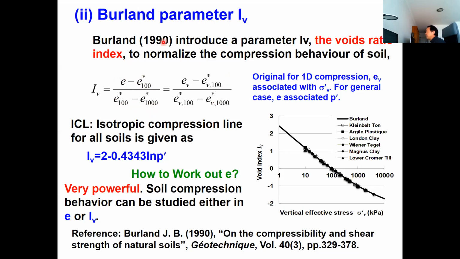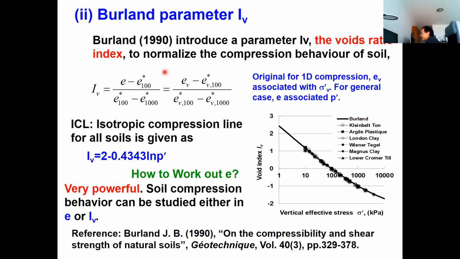Okay, this is the void index. You can see here e is a variable, dependent on the stress. e star 100 and e star 1000 are constants. They do not change. Star means reconstituted soil.